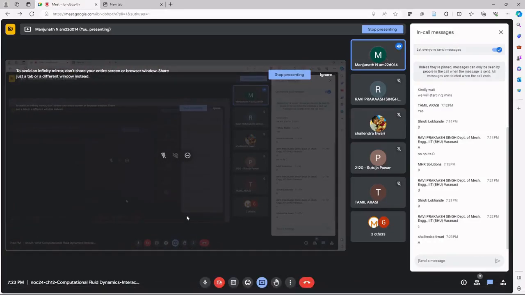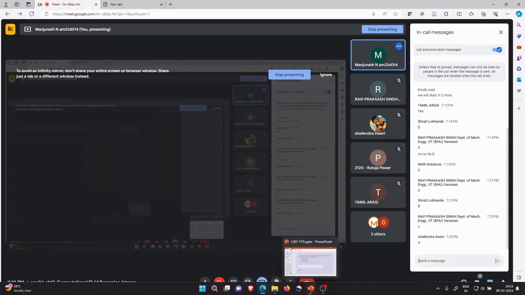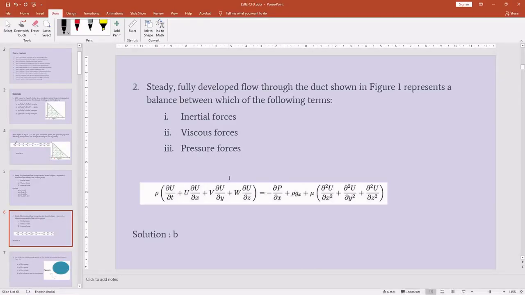If the first one is the inertial force, which one is the viscous force? So here, I will answer that. This term is called the inertial force, and this one you will understand because since P is present there, it is called the pressure force.